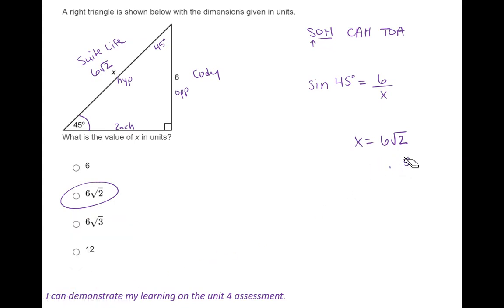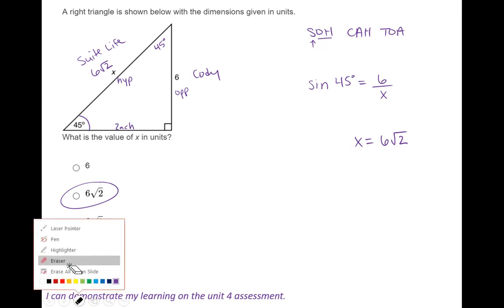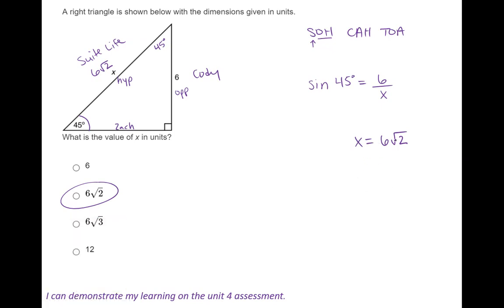So the point is, if you did do a trig equation, your calculator probably would not tell you the 6 square root of 2 or 6 square root of 3. It would give you a number like 8.485 dot, dot, dot. So you would need to go through and calculate out these two and see which one matches the 8.485.